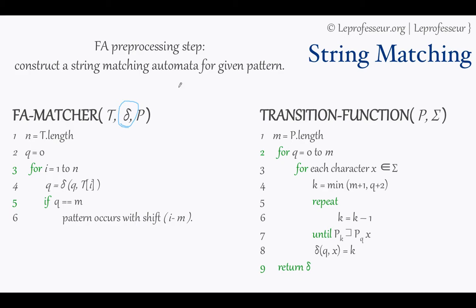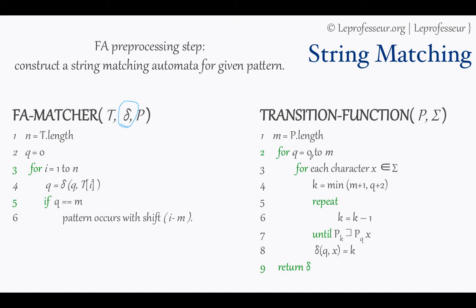So those algorithms to find the transition functions are based on suffix or prefix. In this basic transition function algorithm, we're going to be focusing on finding the longest length suffix.